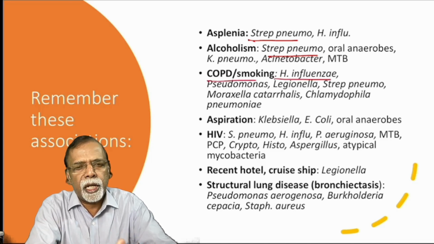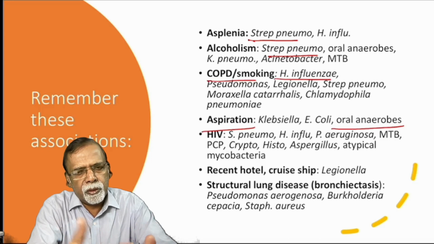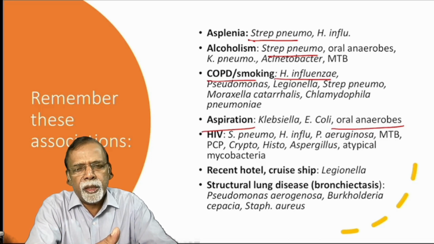Other organisms can occur. Klebsiella can occur in aspiration, and aspiration can produce multiple types of organisms. Oral anaerobes can occur. In HIV, again, the whole range of community acquired pneumonia can occur. In addition, you may get atypical mycobacteria, Pneumocystis carinii or jirovecii.